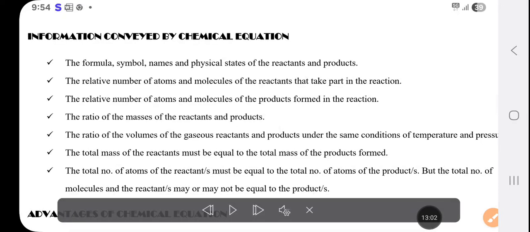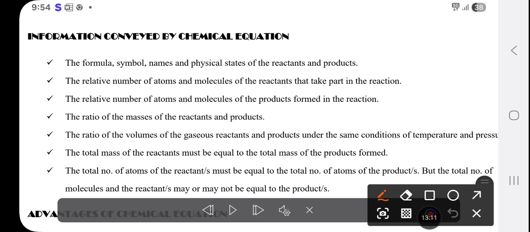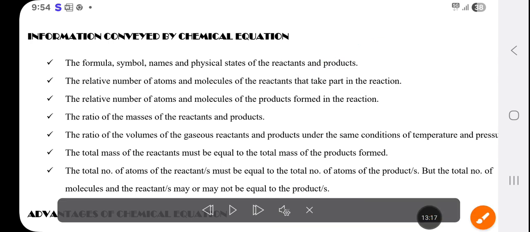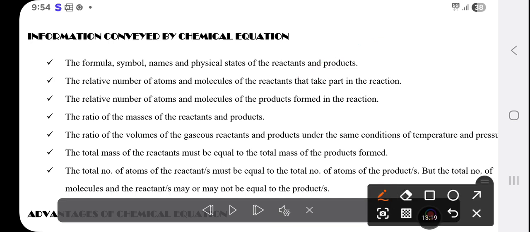Now next is the relative number of atoms and molecules of the reactants that take part in the reaction. For example, take an easier example of water. H2O gives out H2 plus O2.